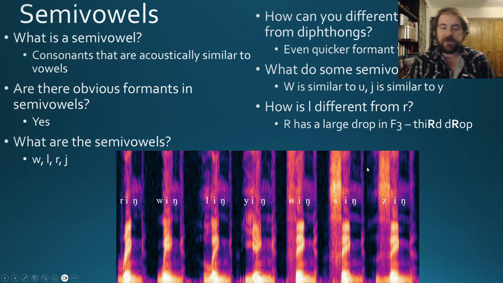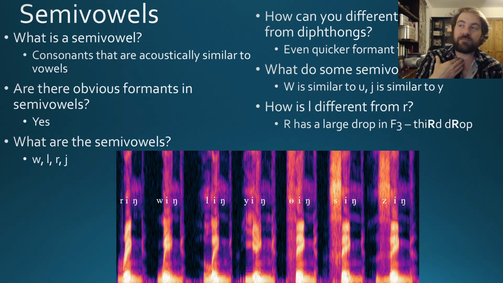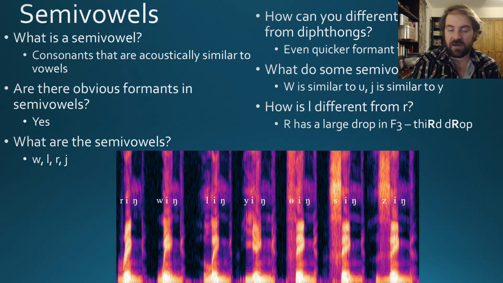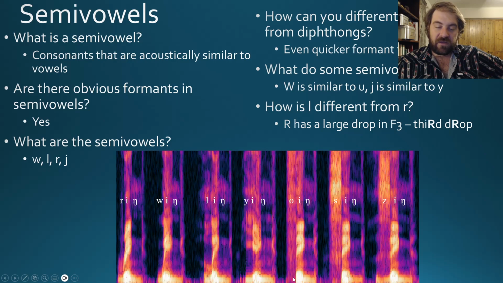Both of them do. The S has a little bit more high frequency noise than the Z does. And the Z is the only one so far that we've looked at with this voicing bar right down here, because Z, it's a voiced consonant. So zing, you're going to see a voicing bar down here. The S, you don't see it. The thing, you don't see it down there either.